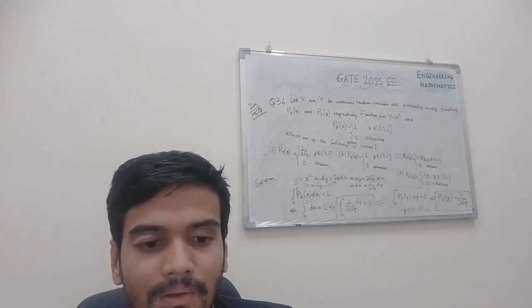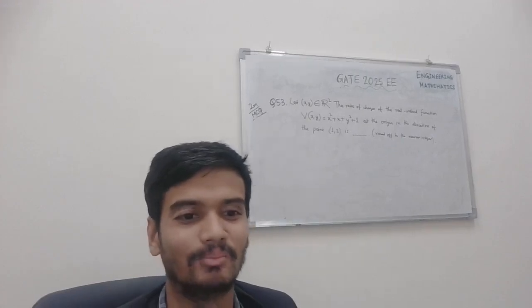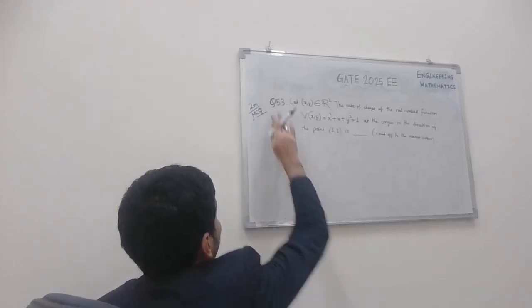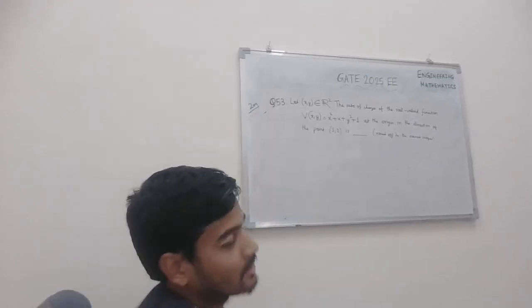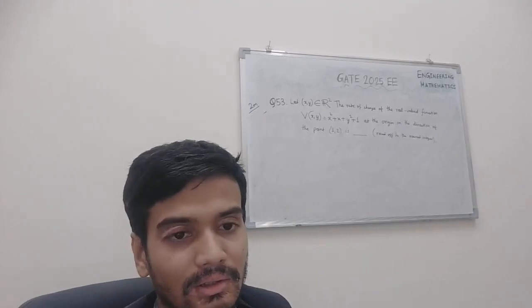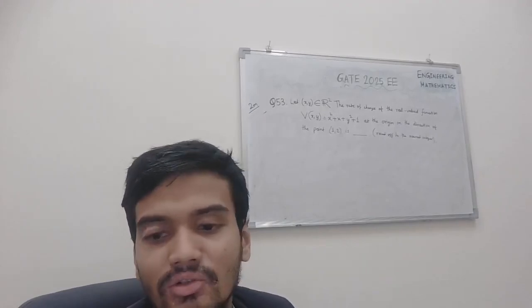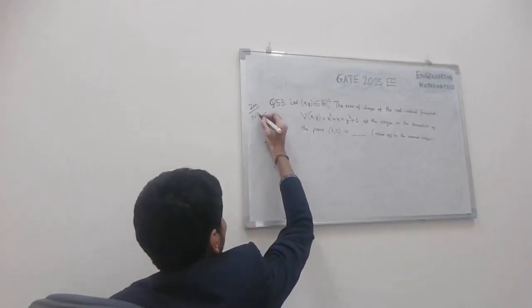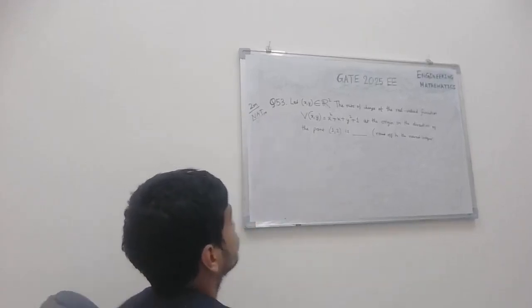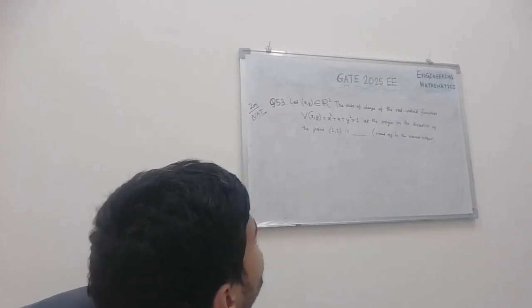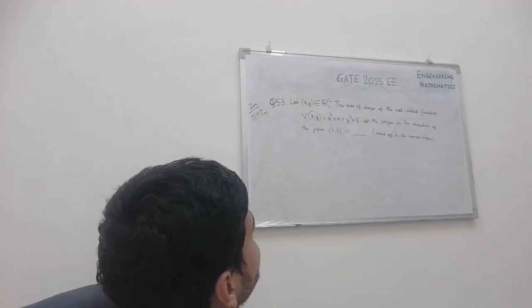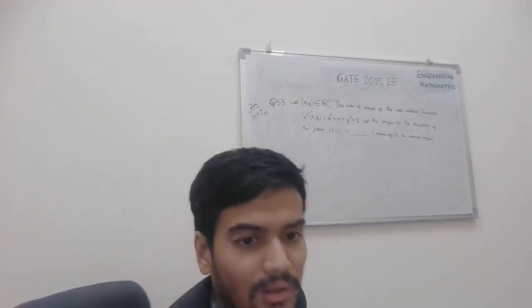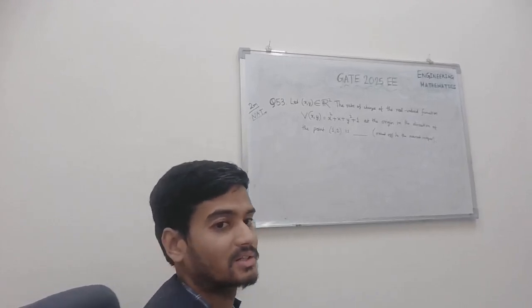Thank you. So, hello viewers, moving to the next question, we see the solution in mathematics. This is a detailed solution of question 53, 2 marks. We have the directional derivative, the rate of change of a function in x and y Cartesian coordinates.